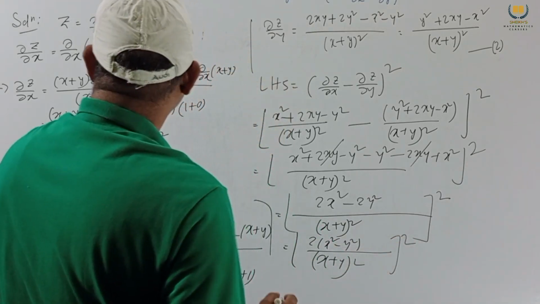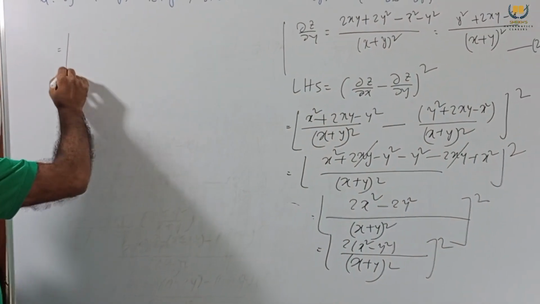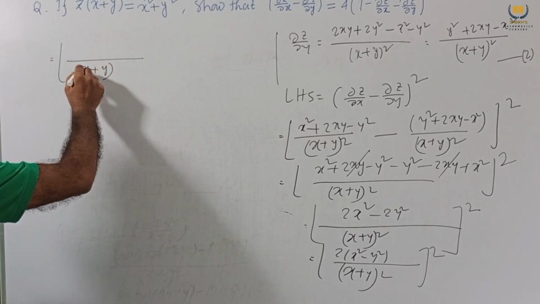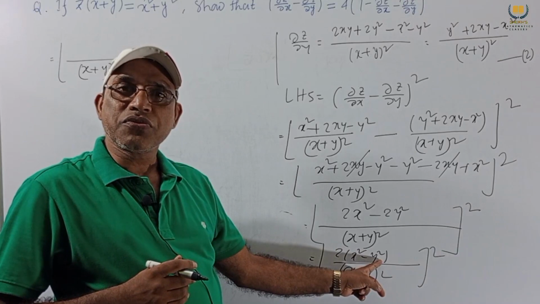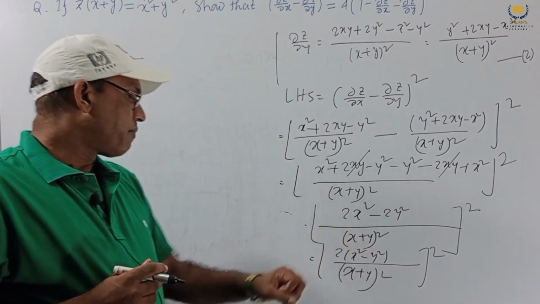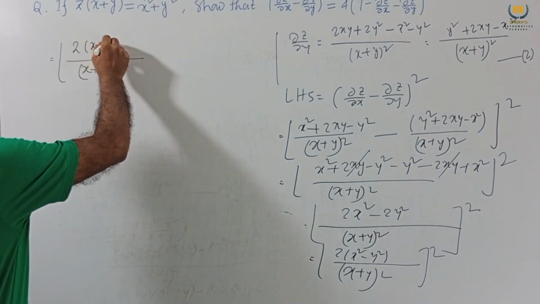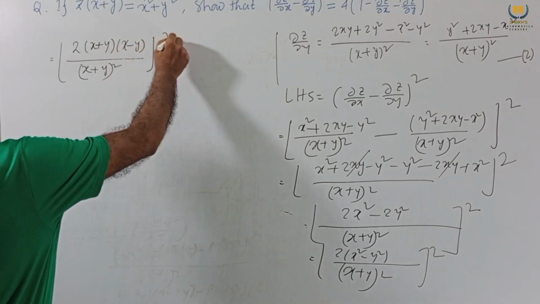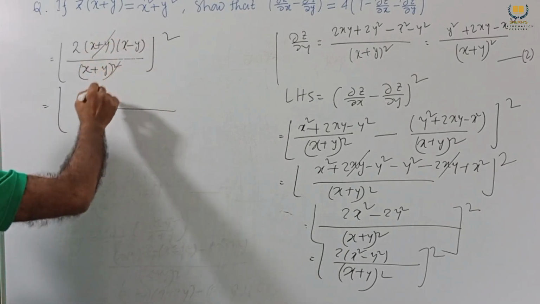And next, now this will be, denominator remains same, (x plus y) whole square, and this a square minus b square formula, we know this is the third formula in our life, (a plus b) into (a minus b), 2 remains same, (x plus y) into (x minus y), this whole square, and these two are like terms, this will be cancelled.